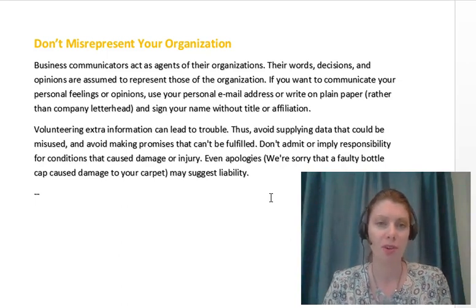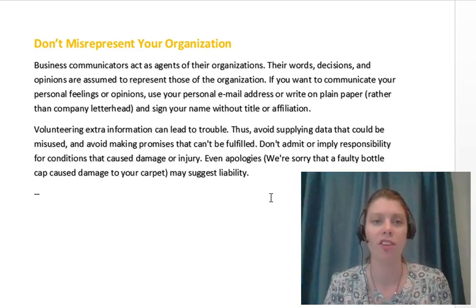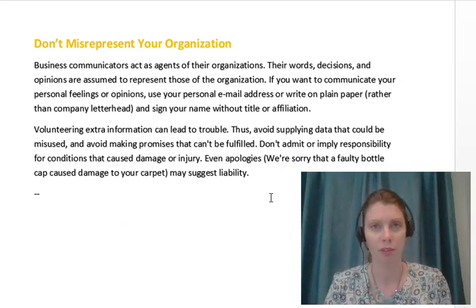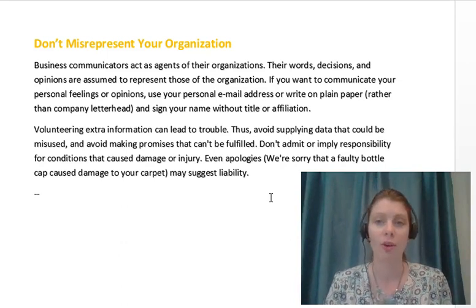Business communicators act as agents of the organization. Their words, their decisions, and opinions are assumed to represent those of the organization. If you want to communicate your personal feelings or opinions, use your personal email address or write on paper without the company letterhead, and sign your name without your title or your affiliation.